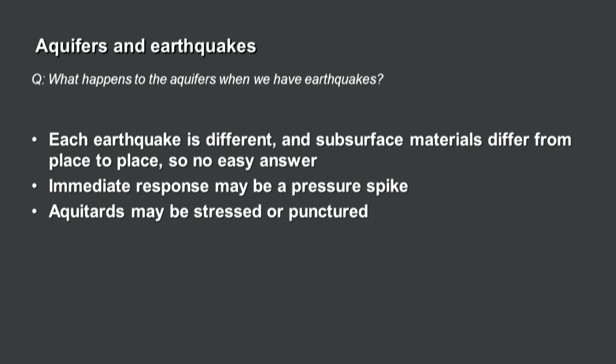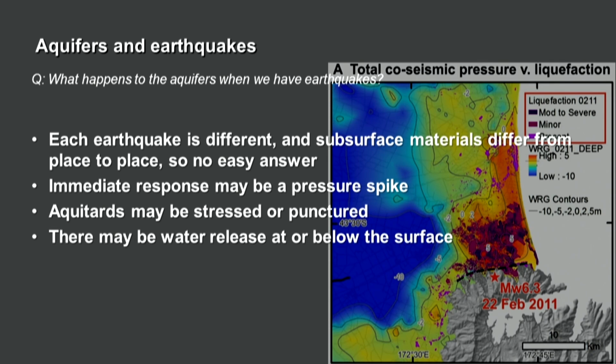So the aquitards, or the fine-grained materials sitting on top of an aquifer, may be stressed or even punctured. And the next one, thanks. And that process may actually involve release of water from the aquifer to the surface.